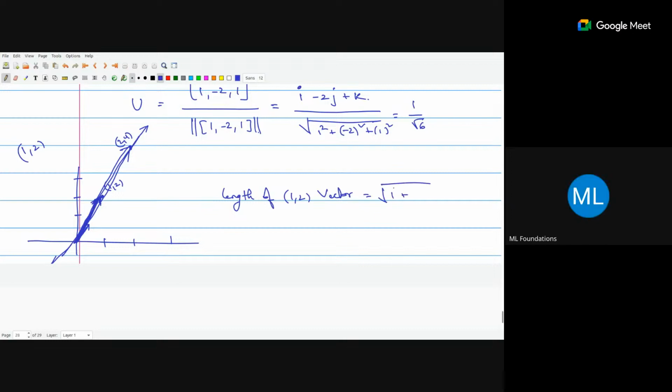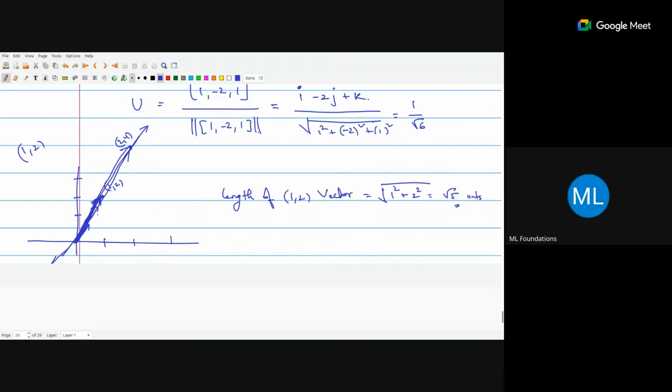Yes, 1 square plus 2 square, which is root 5. So is it at a distance of 1 unit? No, sir. This is root 5 units, right? So I want a vector which is in the same direction, but the length of the vector should be 1. What could it be? Divide the vector by the length.